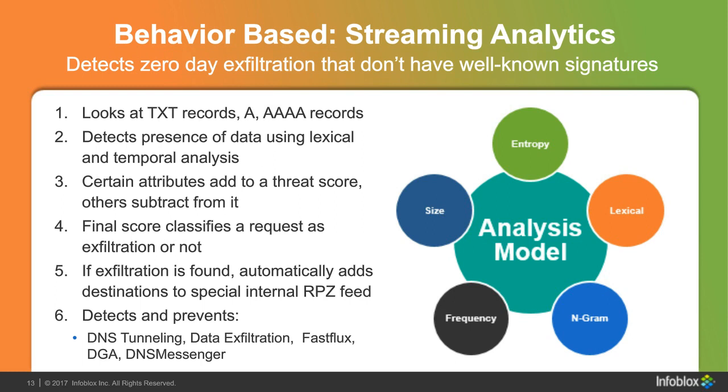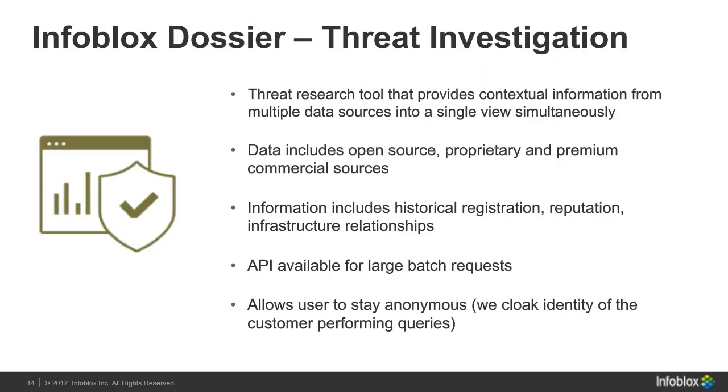We talked about Dossier and threat investigation. Again, it's like a threat research tool. It's a Google-like search tool that gives you a lot of contextual information in a single view, right? So you don't have to go and do research on multiple sites on the internet to find out more information about a certain threat indicator. You get all the information packaged up in one UI, and it also includes historical registration information, reputation information, et cetera, et cetera.